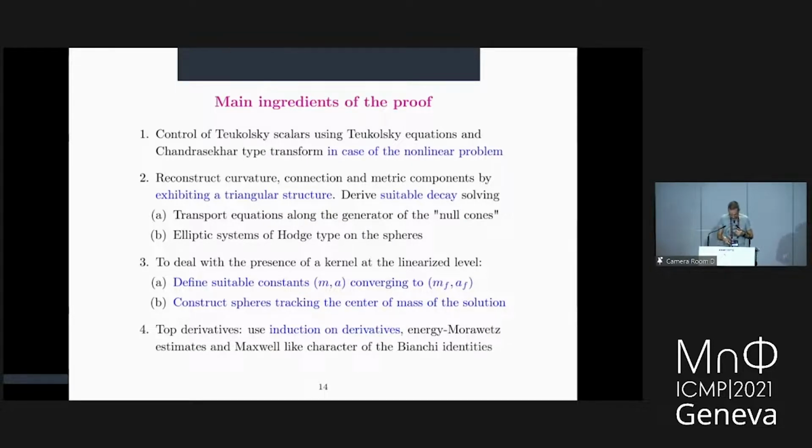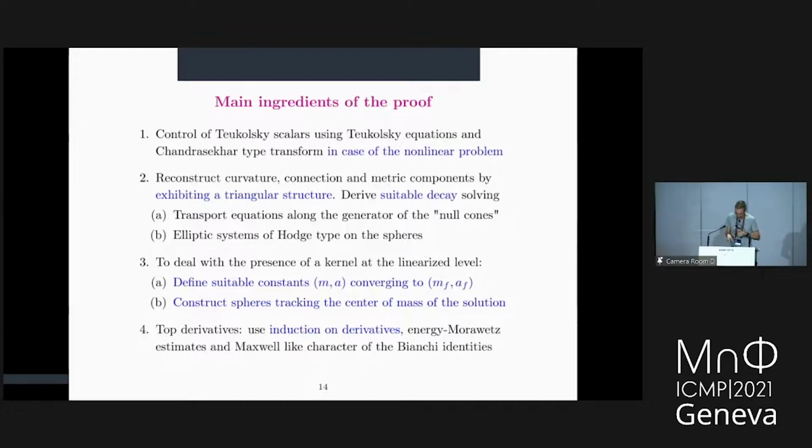And finally, so far I just discussed decay estimates, but in these proofs, decay estimates are typically for a low number of derivatives. Think of half the number of derivatives. And then if you want to close, because it's a hyperbolic system and you don't want to lose derivatives, then for high derivatives and top derivatives, you need a different kind of scheme that remembers the hyperbolic structure of your problem.